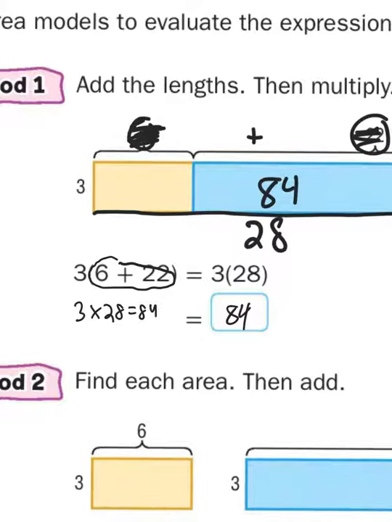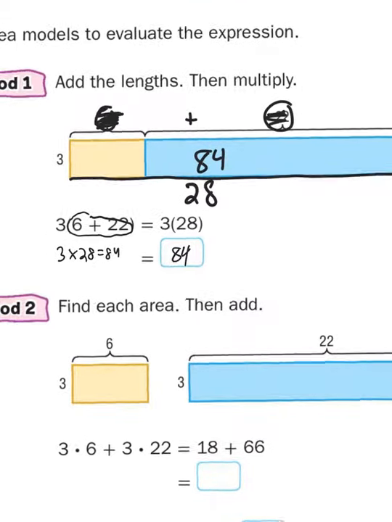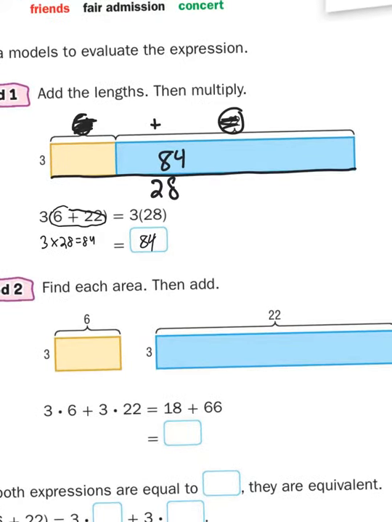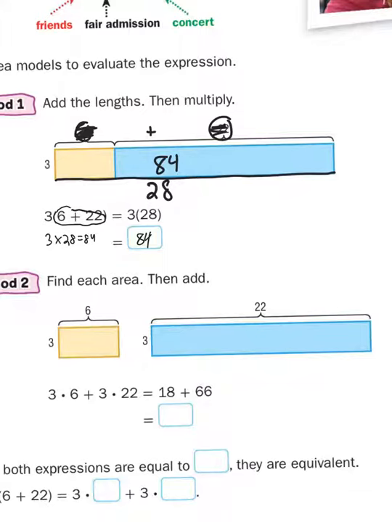Now method 2 is a little bit different. Instead of adding those 2 numbers together, we're going to separate our rectangle into 2 separate rectangles. So take a look down here. This is saying that there's 3 friends, each paying $6. There's 3 friends, each paying $22.